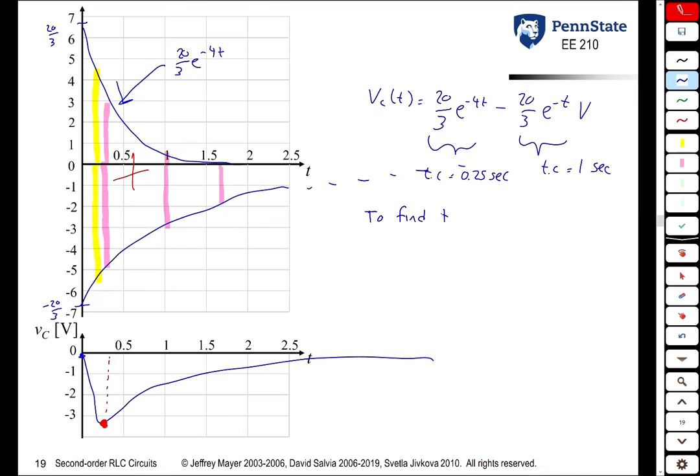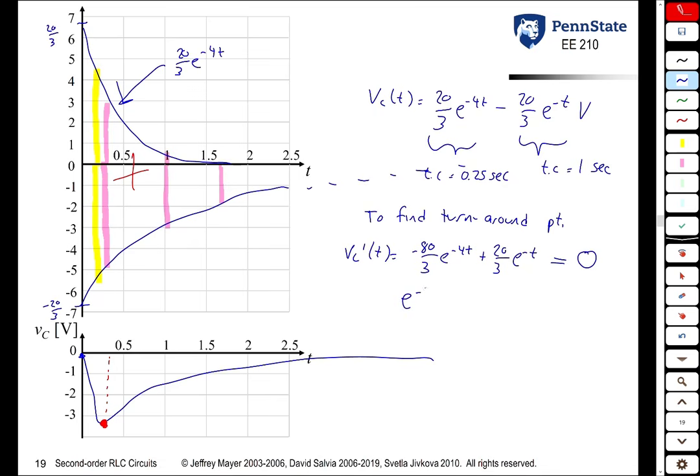So to find the turnaround point, take the derivative of that. Vc prime of t is now going to be minus 80/3 e to the minus 4t plus 20/3 e to the minus t. We set that equal to 0.